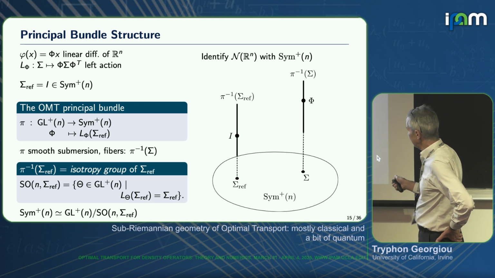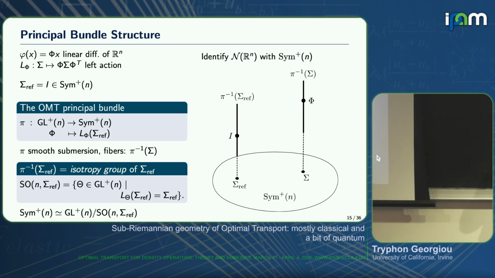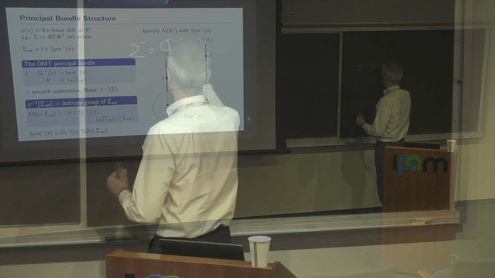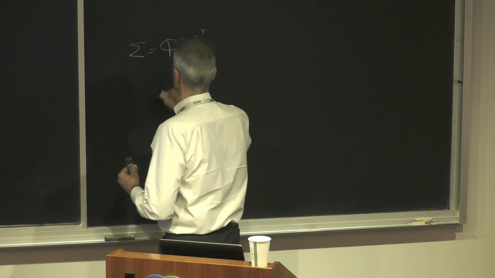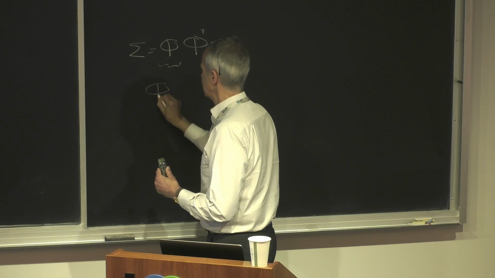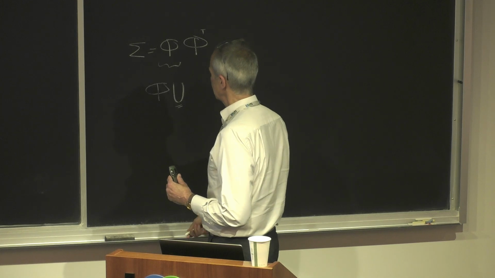Above it, there's a fiber of factors. And the factors are related by saying simply that sigma is equal to phi phi transpose. And this is, of course, non-unique, it is unique modulo some orthogonal matrix on the right.